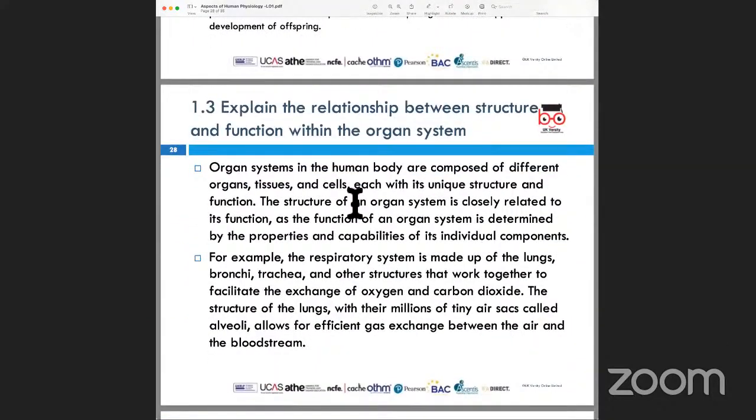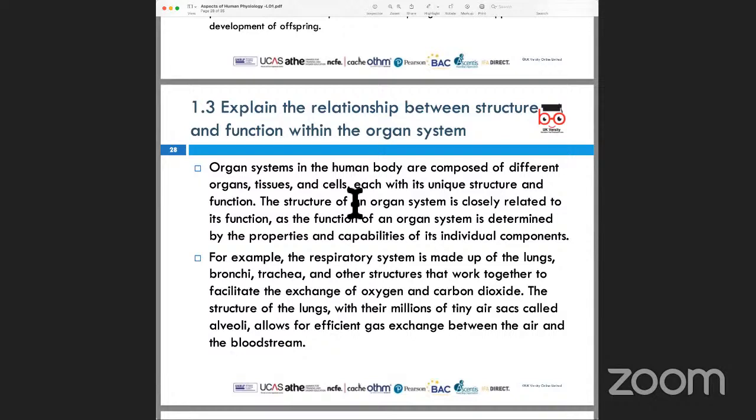And here we are talking about one organ system, but within that, how the organs function together to allow the system to perform its function. So here, the difference is that we are talking about, say, for example, if I talk about digestive system, the digestive system has 10 different organs.